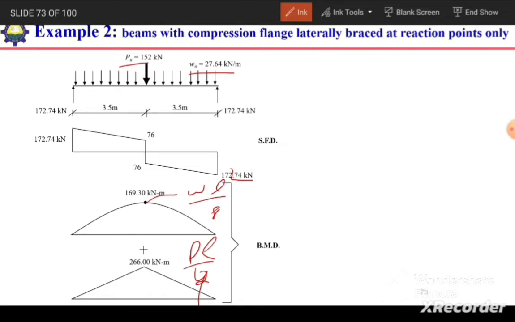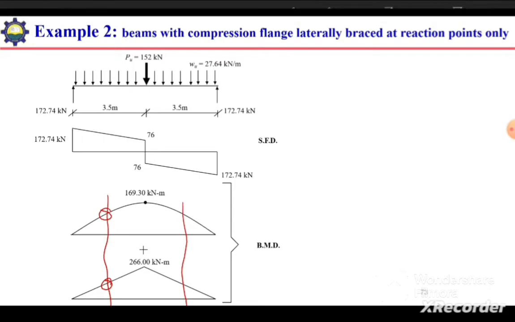After constructing these bending moment diagrams, if we want to calculate the bending moment at any point, for example at the center, we can simply add up these two values, 266 kilonewton meter and 169.3 kilonewton meter. And if we want to calculate the bending moment at any intermediate point, in that case just calculate this ordinate and then simply sum up these two values.